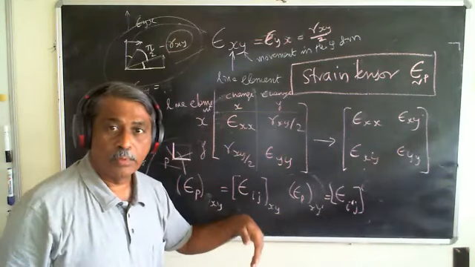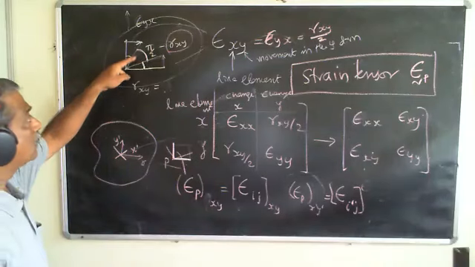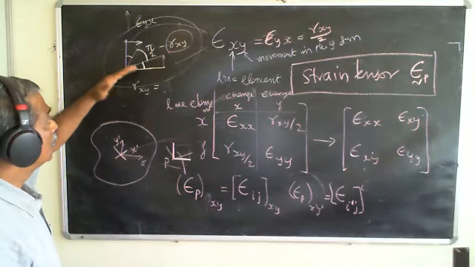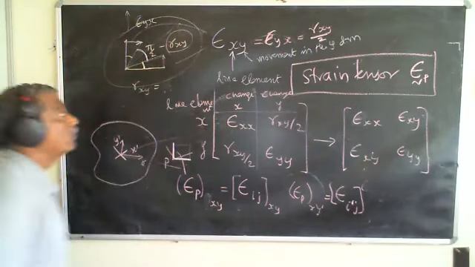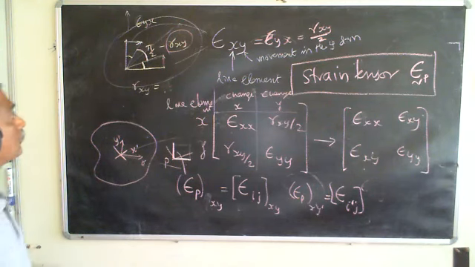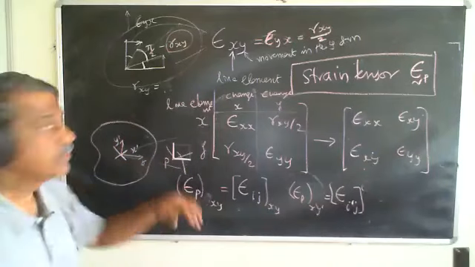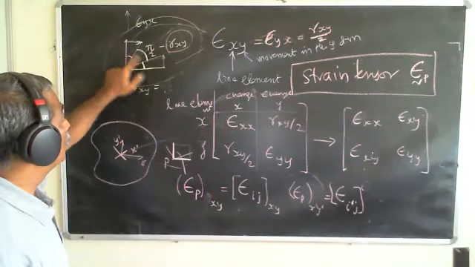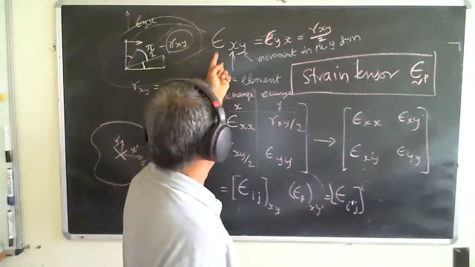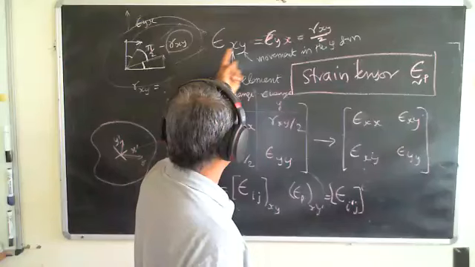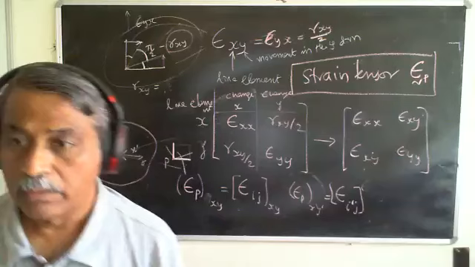In order to make it symmetric, we only look at change in angle, so that the rotation that would occur of the middle bisecting line, the rotation that could have occurred, is removed so that I can get equal angles over here. And therefore, we will make an assumption that epsilon xy is equal to epsilon yx is equal to gamma xy by 2. Okay, so far so good.